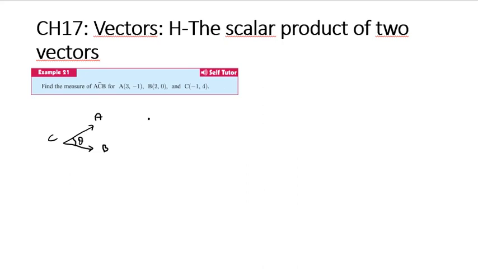First of all, we have to find the vector CA and CB. To find the vector CA, we know the coordinates of the point C and the point A. So the x component of the vector CA should be equal to the x coordinate of A minus the x coordinate of C, so minus 1.